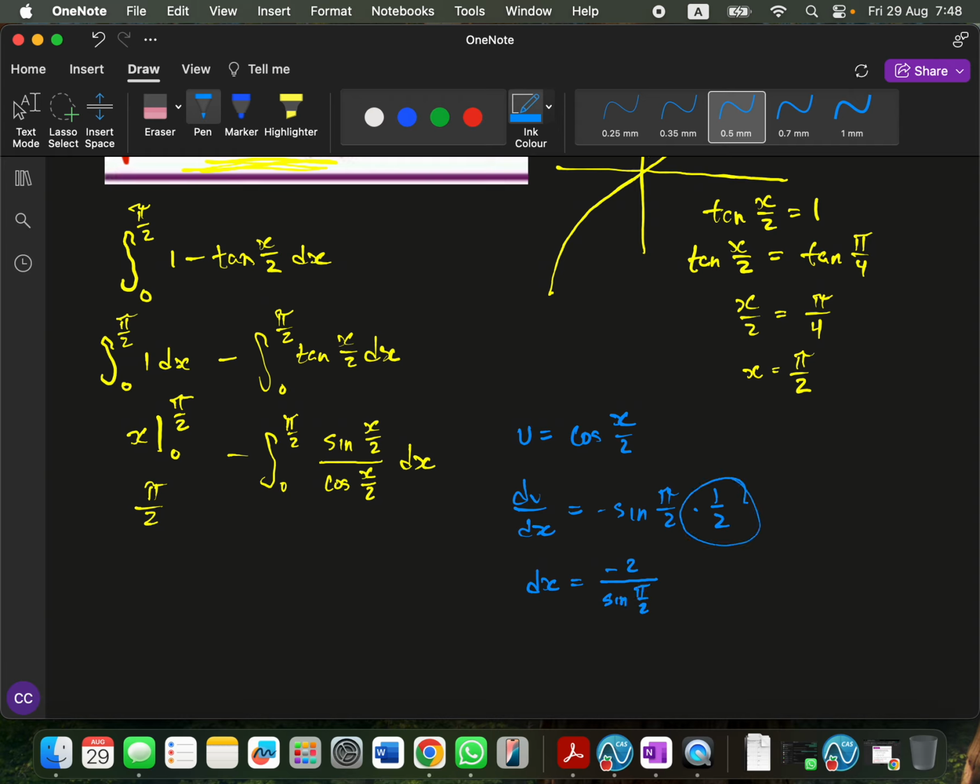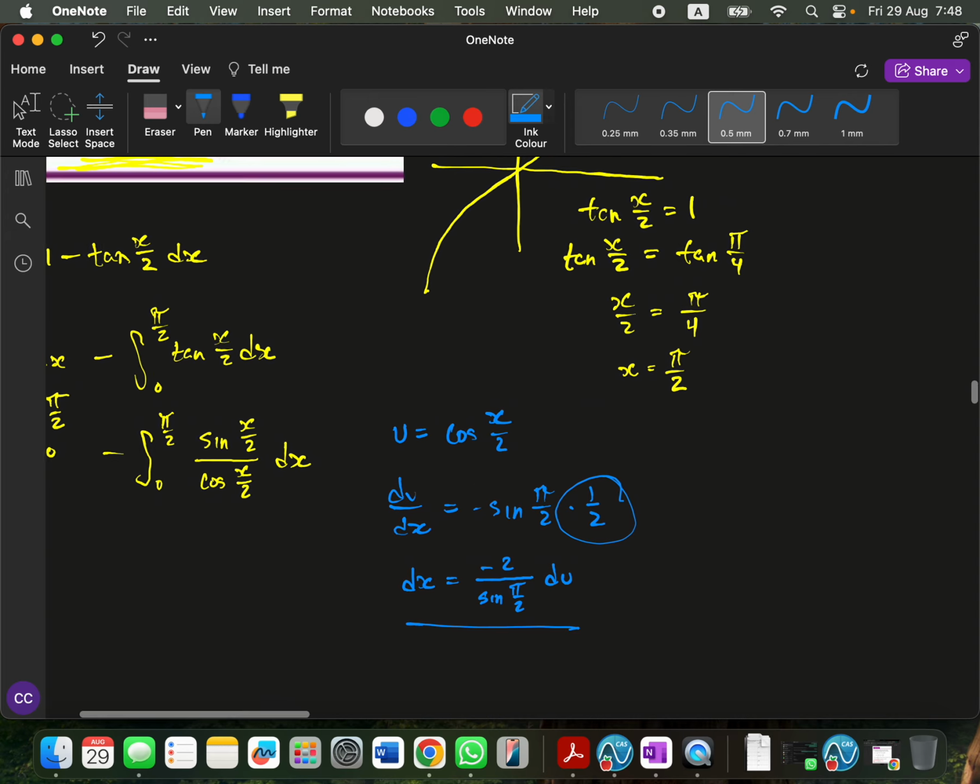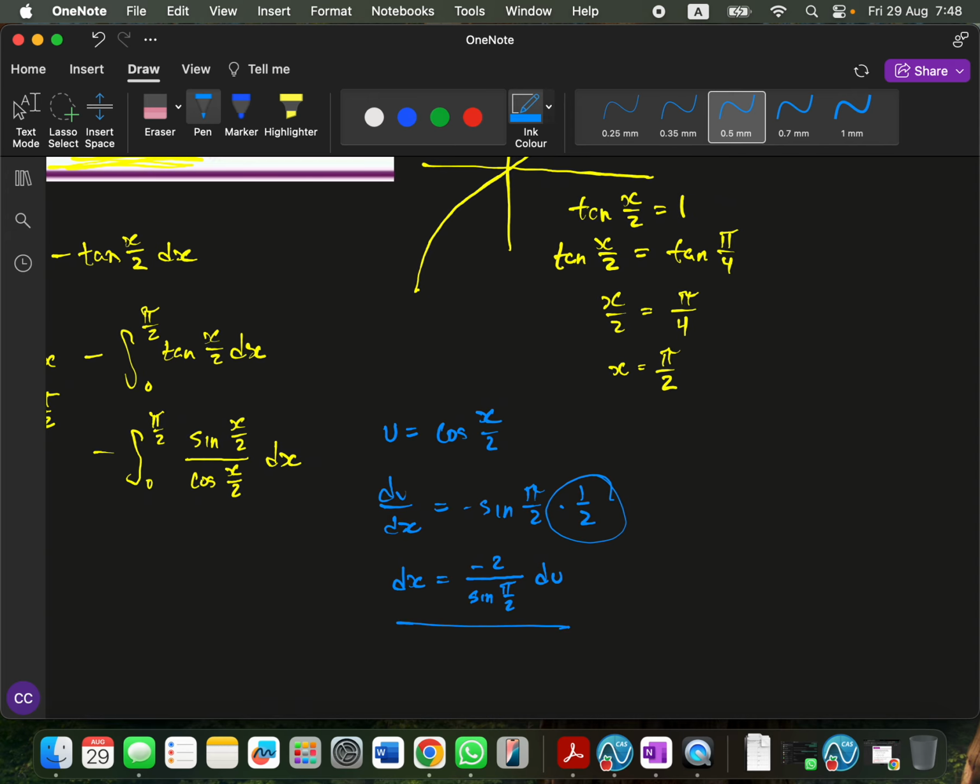Again, when you divide by this fraction, you flip it, so the 2 goes on top. So I've figured out what my definition of du is. Before I do my u sub, I'm going to have to calculate some boundaries. So I'm going to evaluate u on both ends, going from 0 to pi over 2.